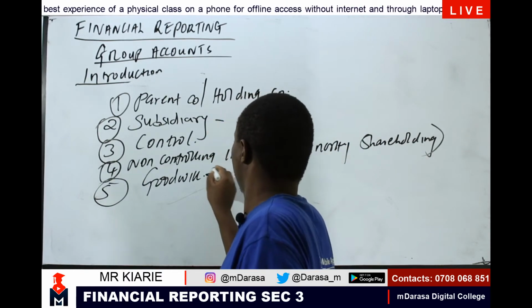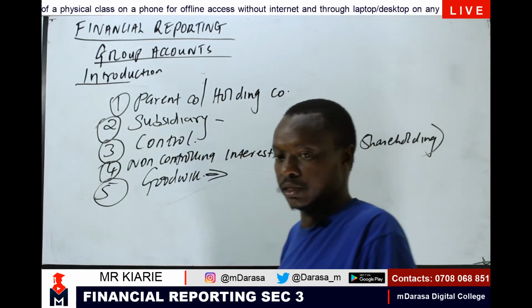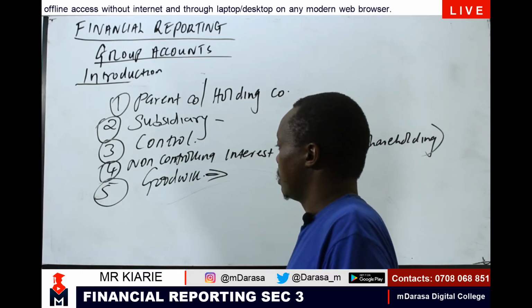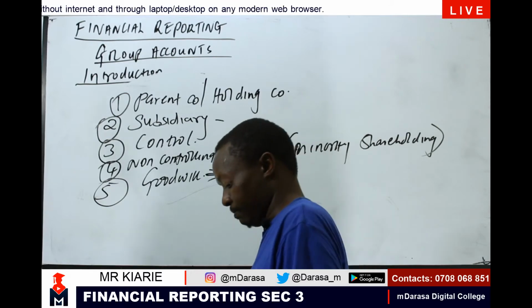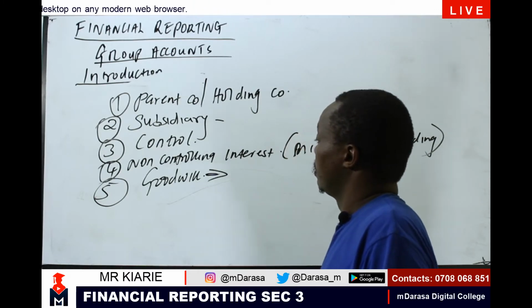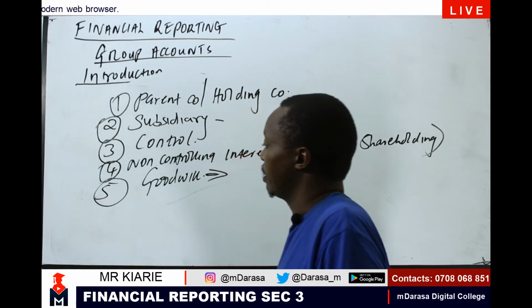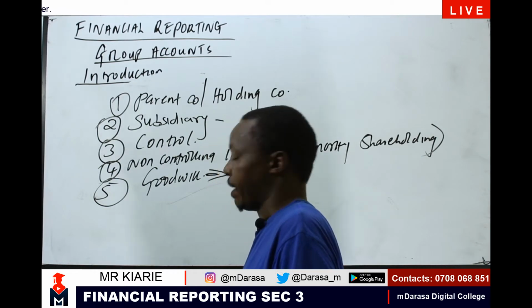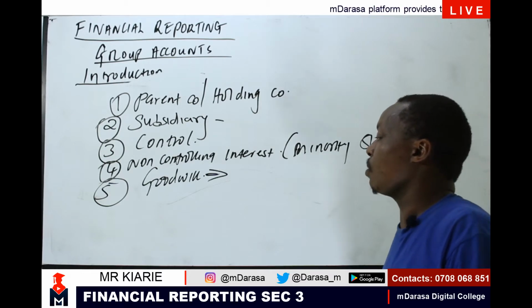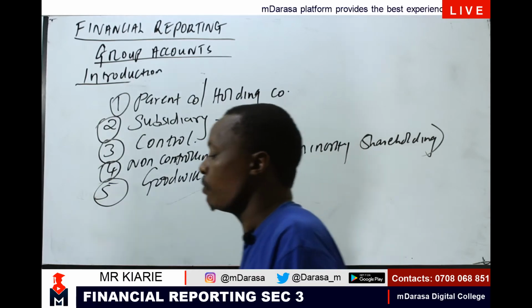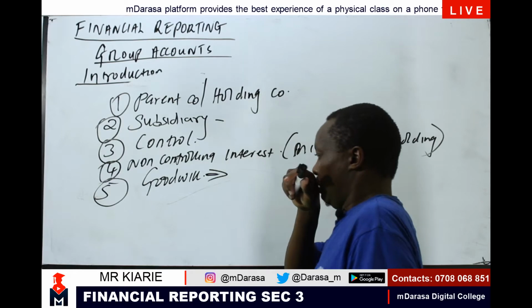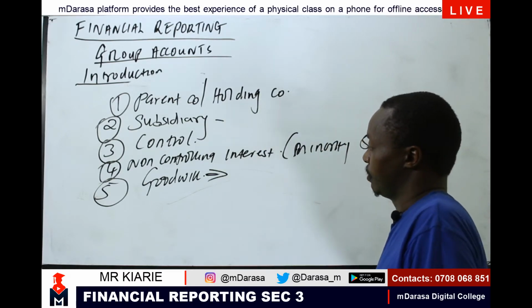Then you write, it is the difference between the purchase price paid to acquire a subsidiary and the value of its net identifiable assets.